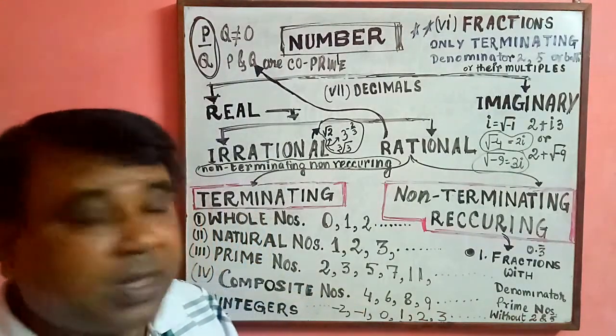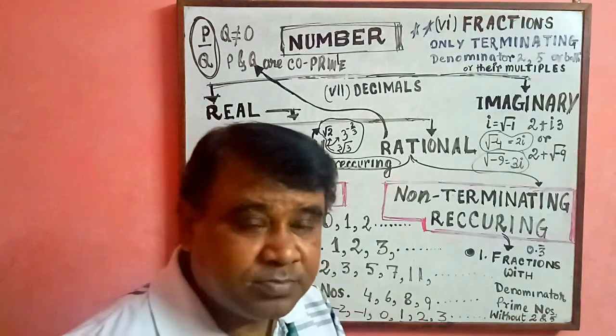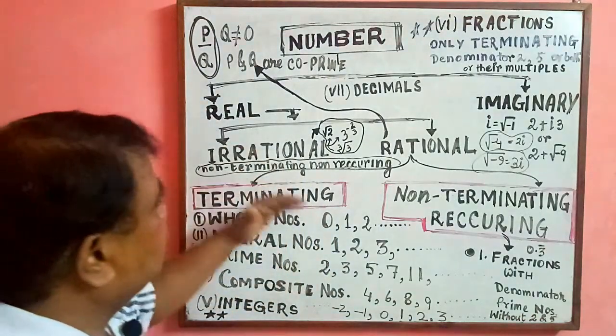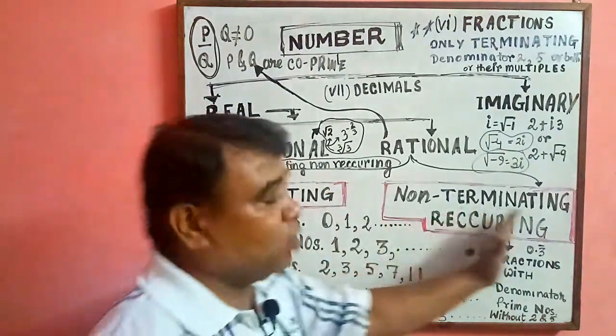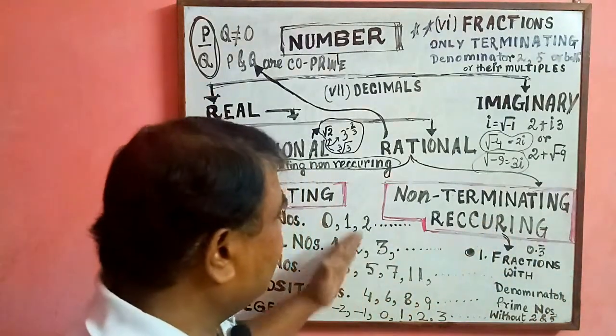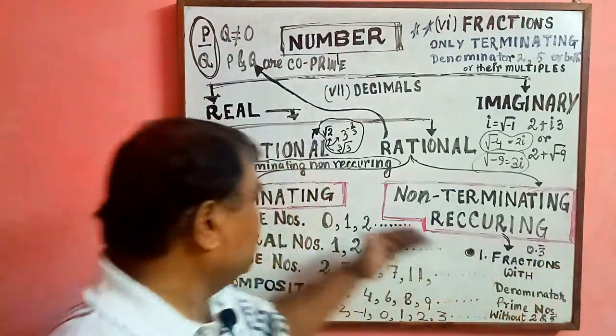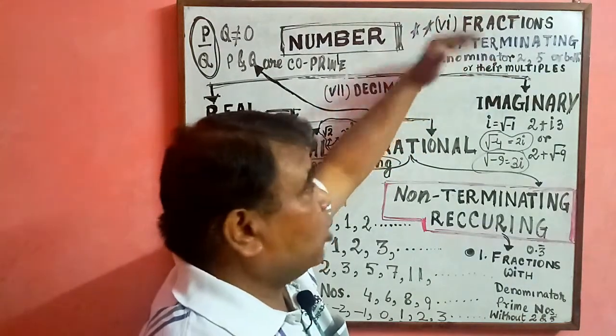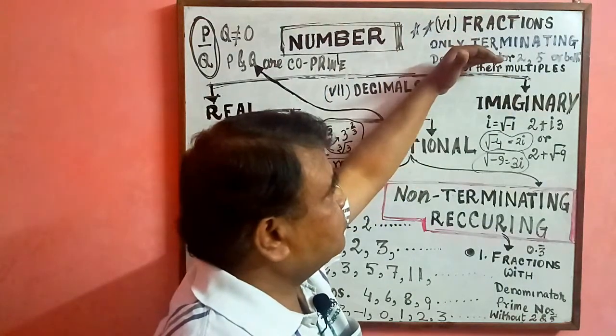Then the number will be completely divisible, and that's why rational number is divided into terminating and non-terminating recurring.